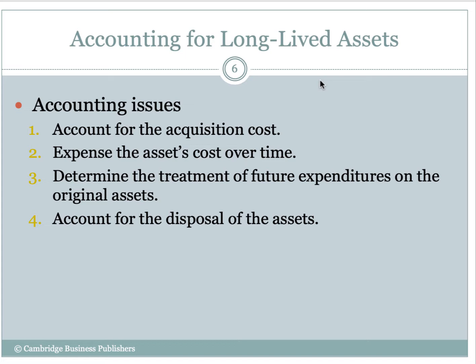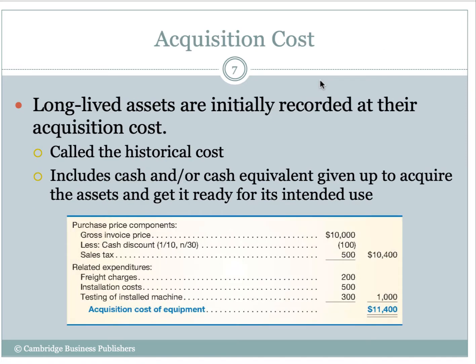Nowhere up to this point have we looked at how we expense that. We kind of talked a little bit about it when we did our adjusting entries and got into depreciation. So we're going to build off that idea and look at how we calculate that depreciation and explain it a lot more.